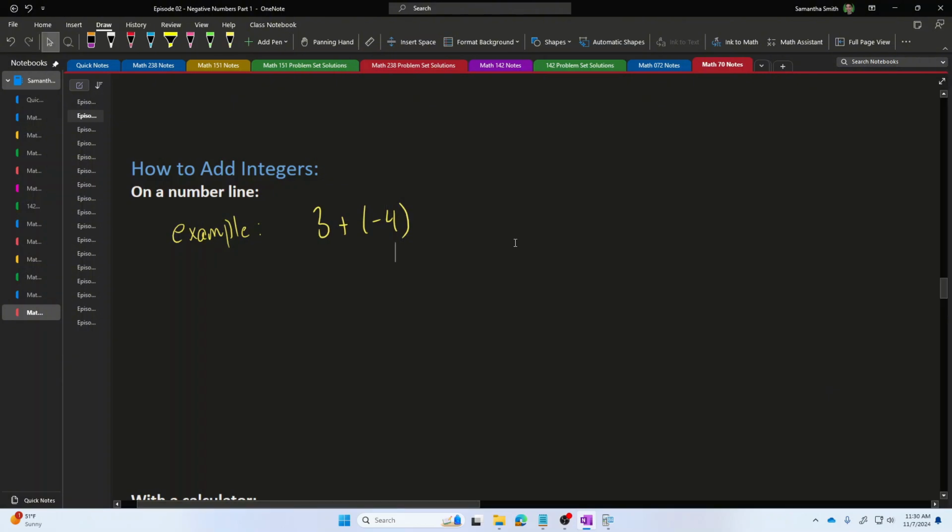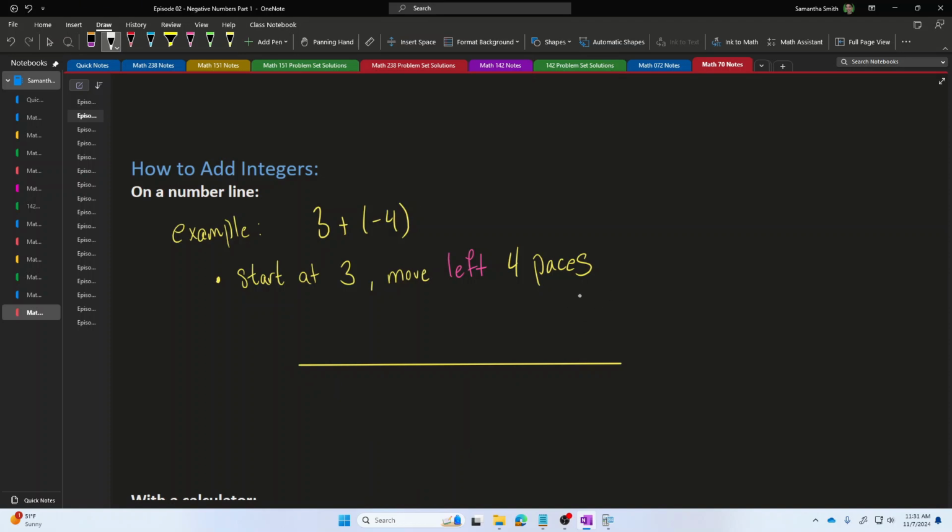To add 3 and -4 on a number line and figure out what the result of that would be, I would start at the number line at 3, and then because I'm adding a negative number, I would move left on the number line 4 paces.